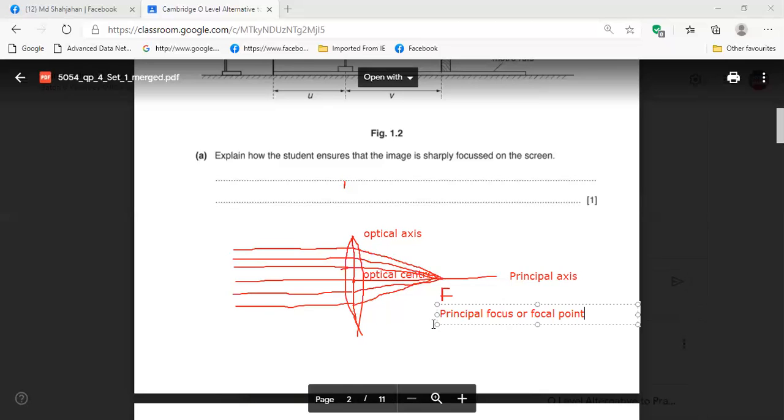This point F is known as principal focus or focal point. So the distance between the point O, that is optical center, and the principal focus is called focal length.